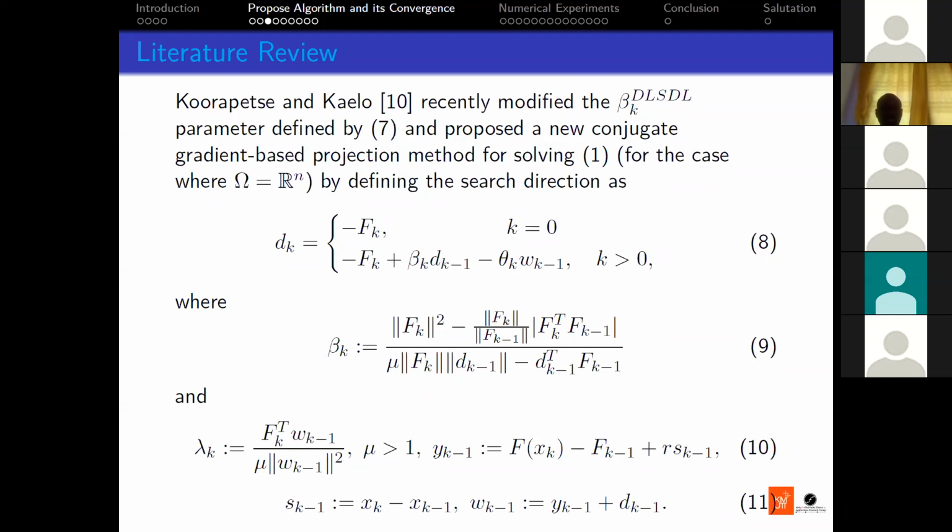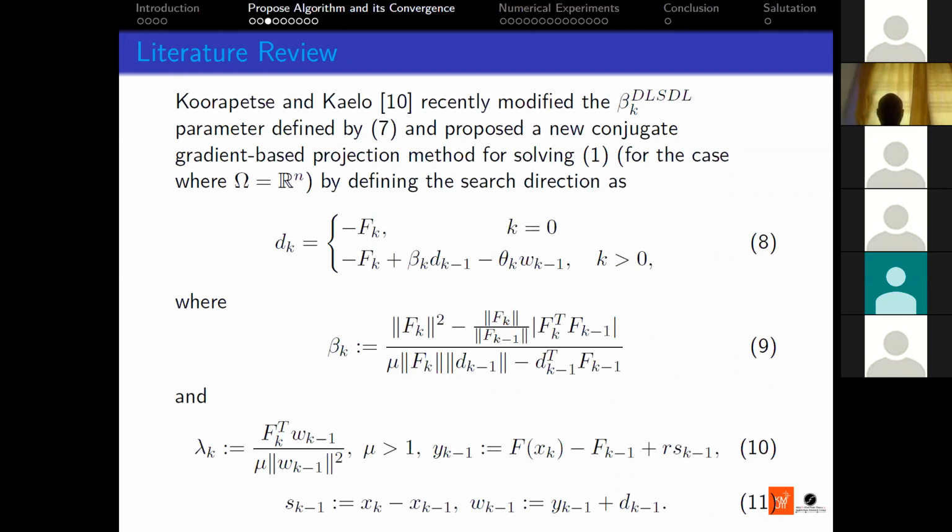So lambda k should be theta k. That's the typo. So they define another parameter, theta k, by Fk transpose wk minus 1 divided by mu norm of wk minus 1 squared, where mu is greater than 1. Yk minus 1 is defined by this, and sk minus 1, wk minus 1 are given by 11.